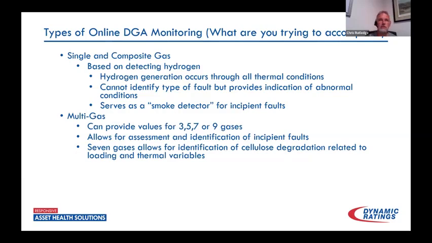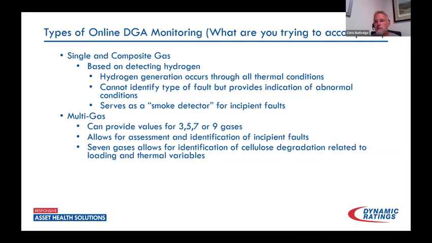So the question you really have to ask yourself when you're considering either one of these avenues for your online monitoring is, what's your intention with this data? What am I trying to accomplish with the monitoring that I'm installing? Because I see a lot of companies out there that are going with multi-gas only.